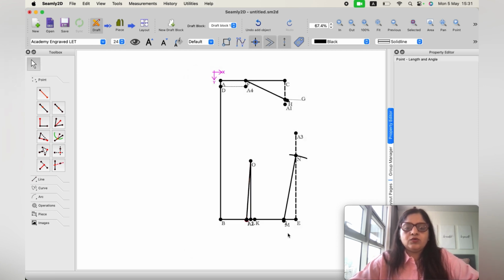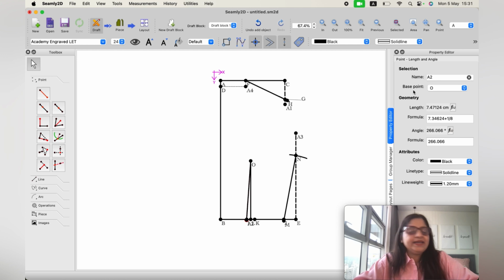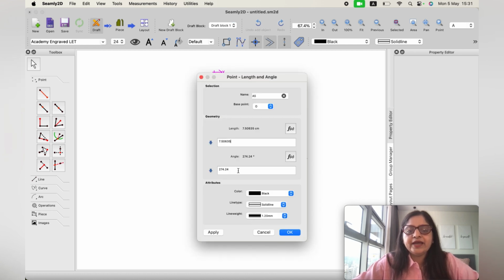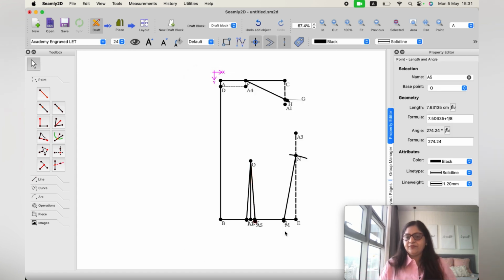So it will go slightly out. Same method, I'll do it here again. I'll start from this, click on this point K, whatever measurement it is, I'll add plus 1/8 inch to it. I find it very easy to do, and the angle is also the same. So these are my dart points. My figure 8 is complete.